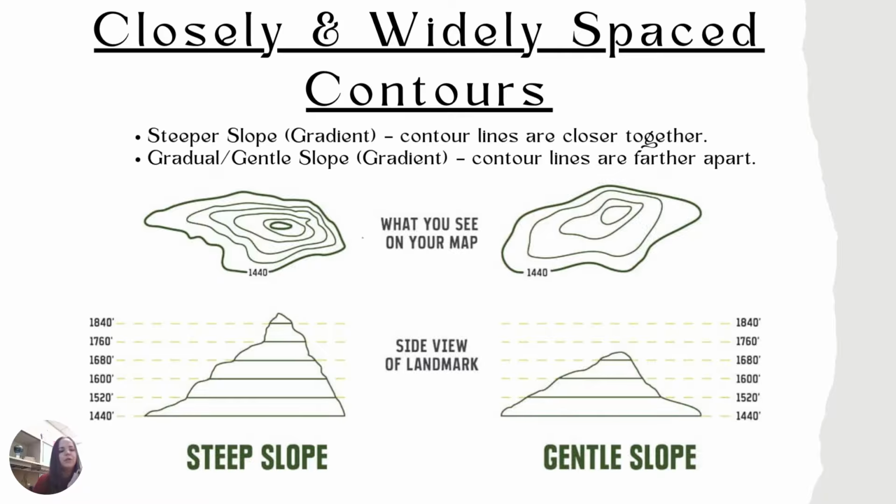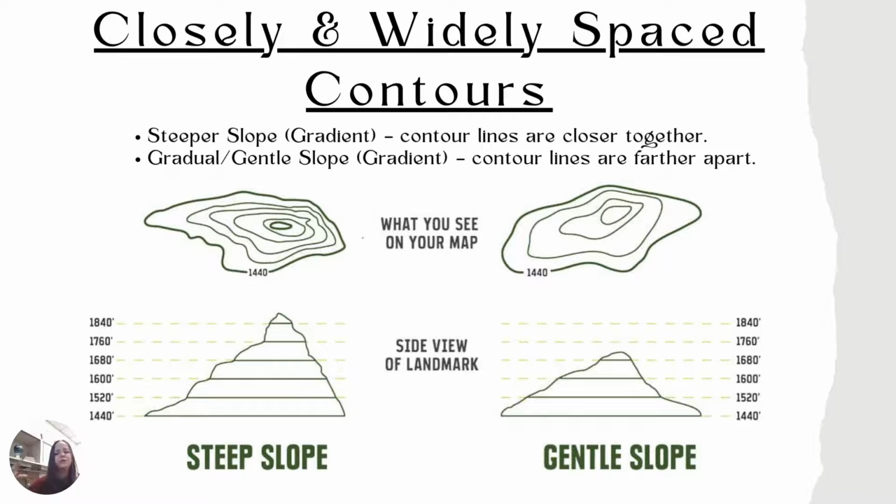All right, when contour lines are close together or far apart, it changes the landscape. So if the contour lines are really close together and clustered, that means that over a short horizontal distance, you are changing vertical distance or elevation really quickly. You're either going up or you're going down, and that's going to give you a really steep slope.